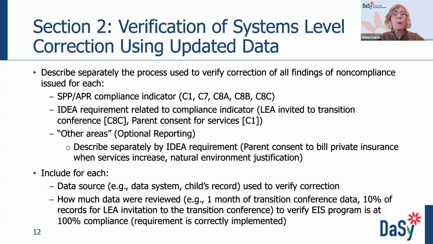So, for example, in C1, if you are looking at parent consent for the services to be provided, that might be one item for which you report how you verified correction, because your sources, the amount of information, and other types of information we're going to ask you to include may be different from, for example, what you look at and the amount of data you pull if you're looking at whether the services that were on the IFSP were actually provided. So we're asking you to look at them a little bit separately.